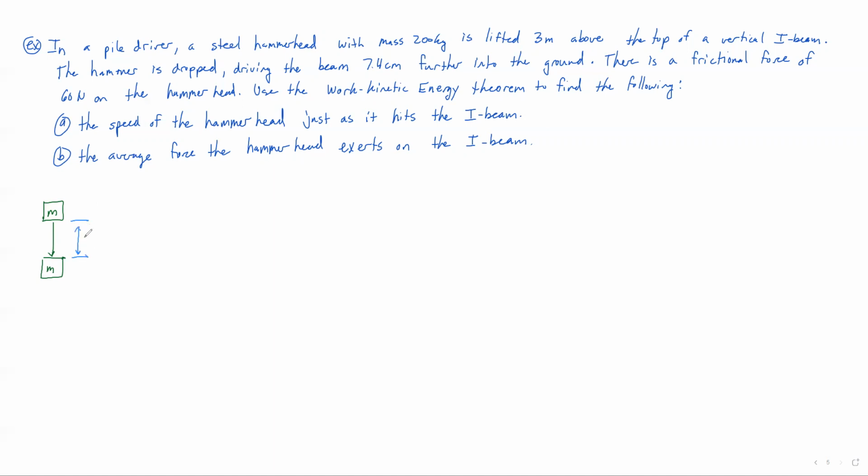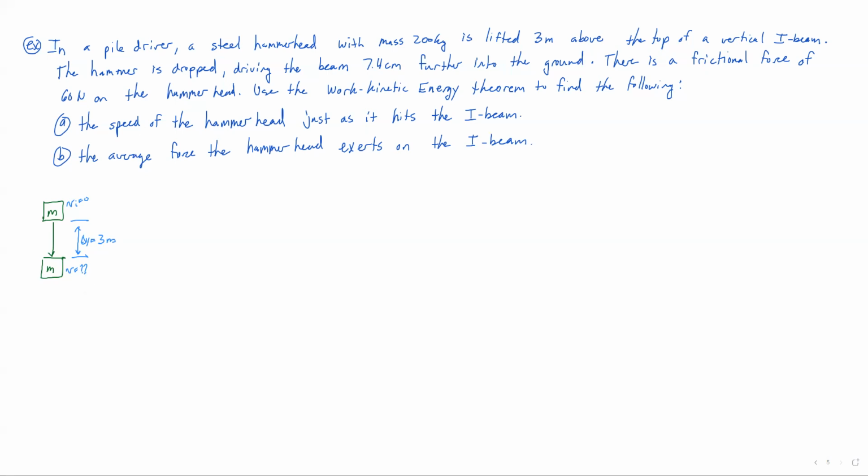This distance, delta y, is equal to 3 meters. Because when this thing falls, it hits the beam, which would be resting here. We know at the top that v_i is going to be 0. You start it from rest, and then you drop it. So you have v is equal to, who knows? That's what we're trying to figure out.